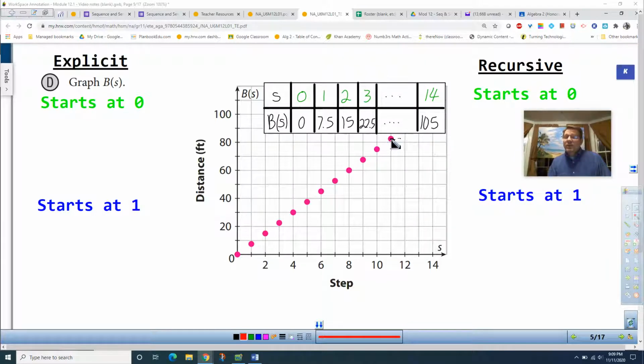We don't connect the dots though. That's very weird, right? But this is a discrete process, which means it's very concrete. You know what happens when you go to 1.5 steps? You fall on your face, and we don't want that, right? So this isn't one of those things that you would connect the dots.